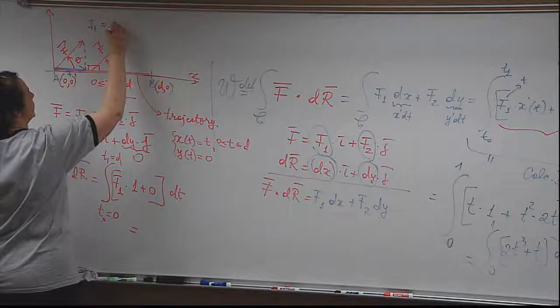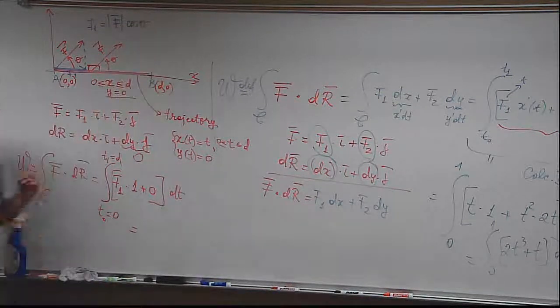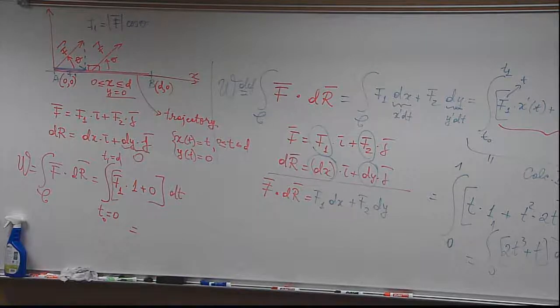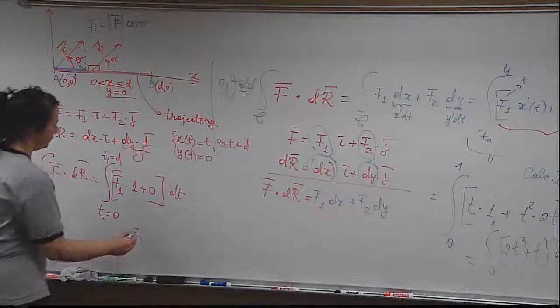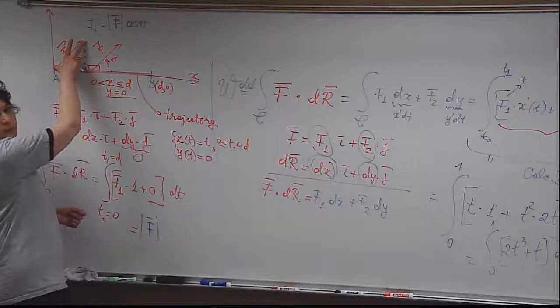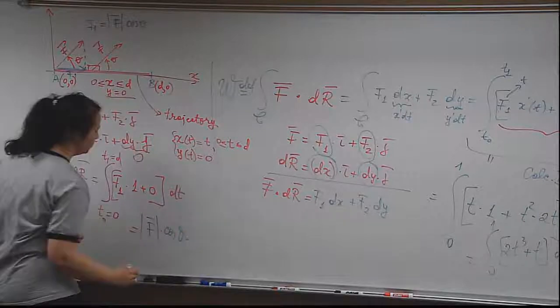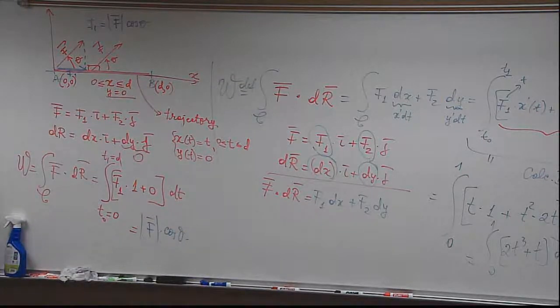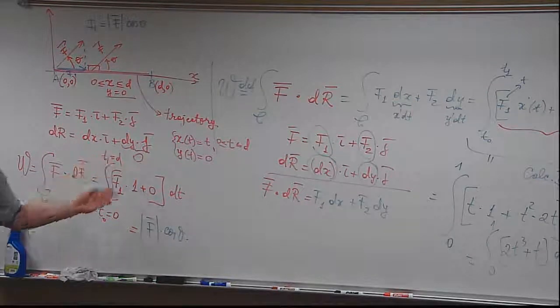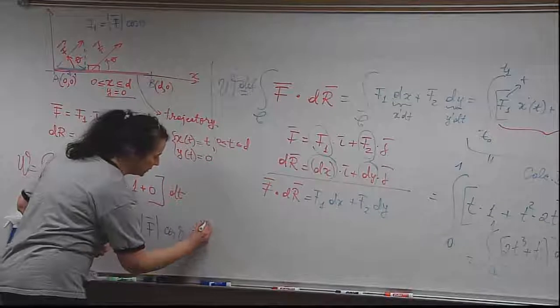That means it's the length of F times cosine theta, because it's like hypotenuse times cosine theta. So you have the length of F, how big this vector is, times cosine theta, times what? When you integrate 1 with respect to t, what do you get? t between d and 0.